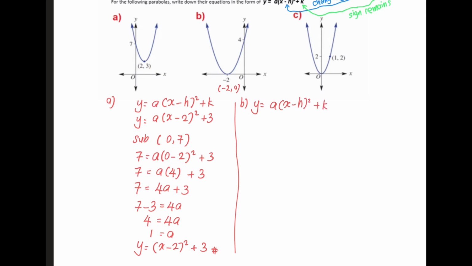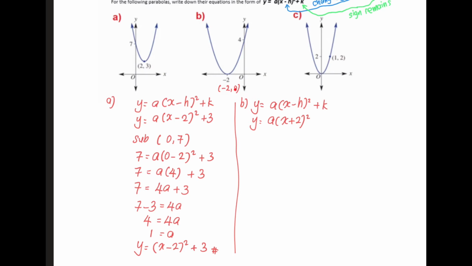Like what I mentioned, if this is minus 2, you put it here, it will change sign. From minus 2, it becomes plus 2. So I write down y equal to a(x plus 2) squared. You can see it changes sign from minus 2 to positive 2.